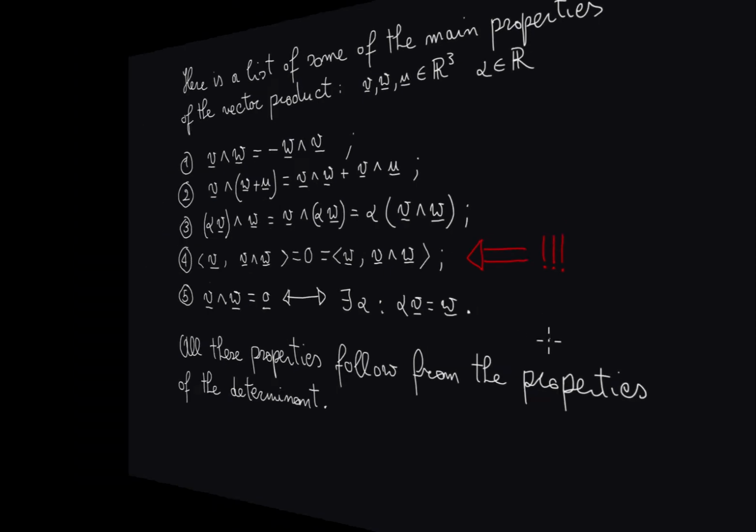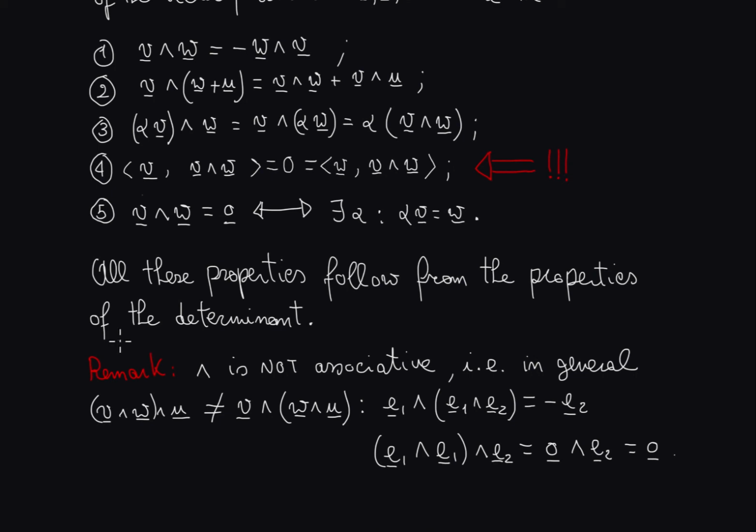One last remark before finishing the lecture is that the vector product is not associative, i.e., in general, if we take the vector product of v with w and the result we multiply by u, this is not going to be equal to v multiplied by the product of w vector u.